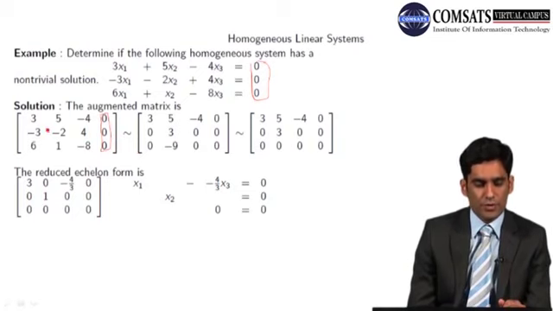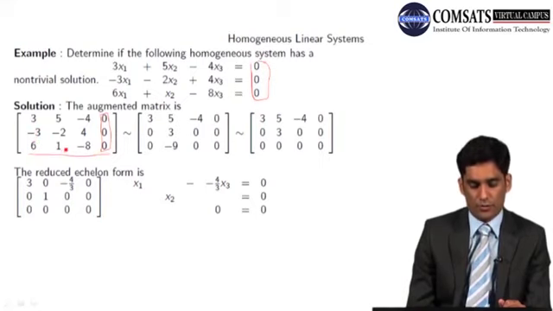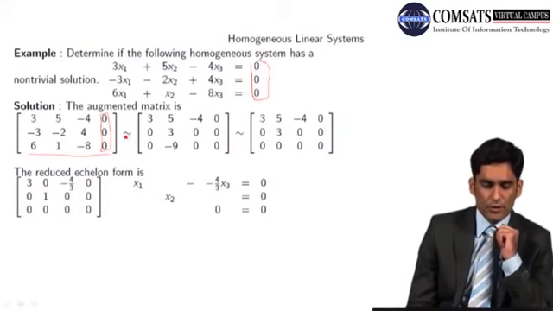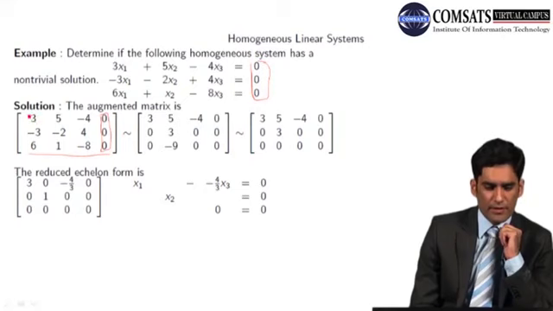And of course we will try to reduce this augmented matrix into the echelon form or reduced echelon form for getting the system. So this is the pivot element and this first column is the pivot column. I will make these two elements, -3 and 6, zeros.